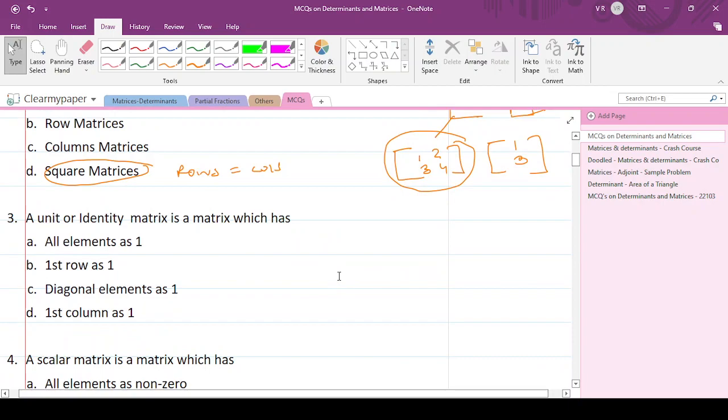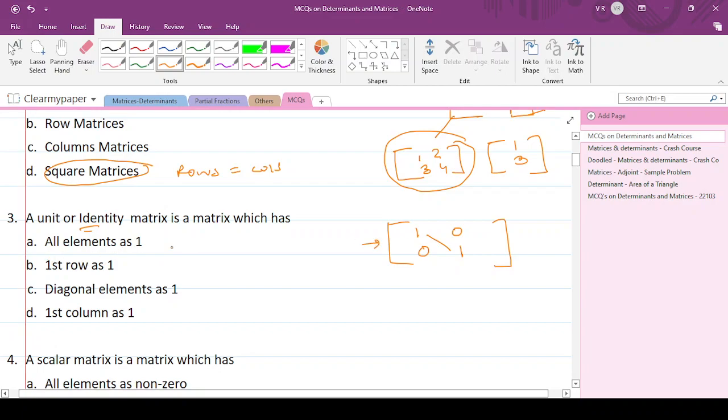Okay, let's move on. A unit or identity matrix is a matrix which has, okay, what is a unit or identity matrix? If we take the example of a square matrix, a unit or identity matrix is a special type of square matrix where all the diagonal elements, the principal diagonal, are 1 and the remaining elements are 0. It's called a unit or identity matrix. So let's see which answer fits this description best.